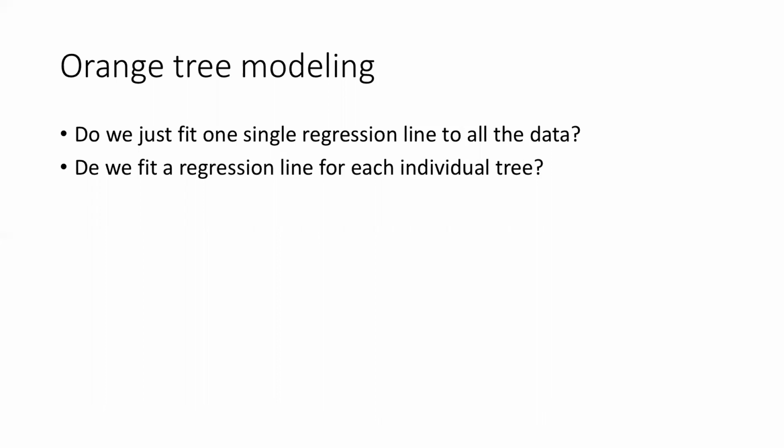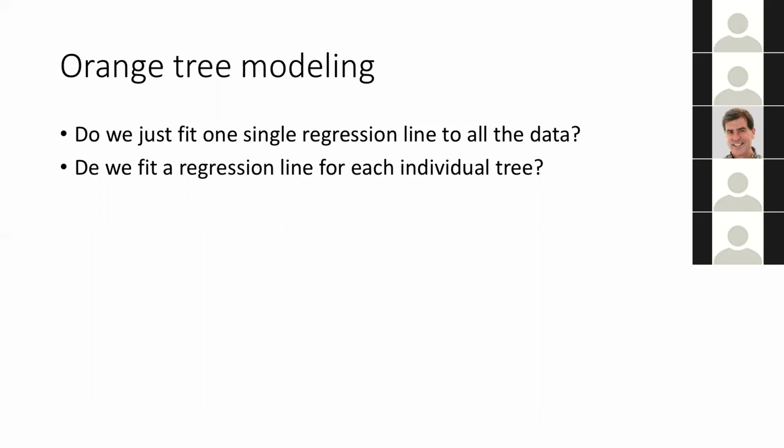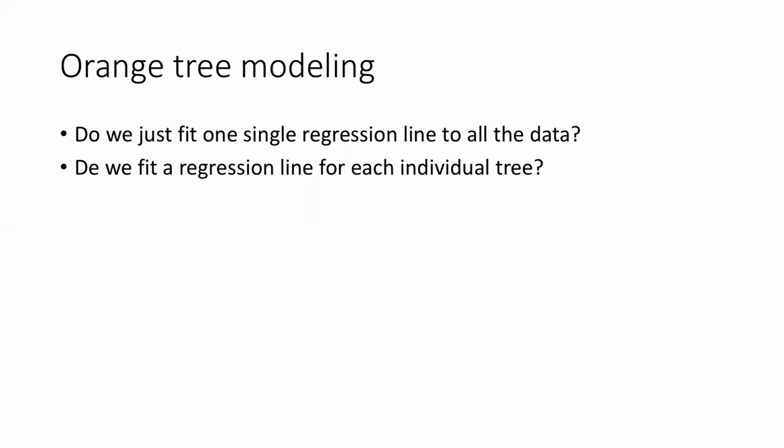Of course, you can already see all the downsides of just fitting one single line to all of the data. Or we could also fit a regression line for each individual tree, like I showed in the previous slide. And there are downsides to that too, because now we have a model that is over-parameterized. We're choosing to use too many parameters to describe something that's fairly simple.